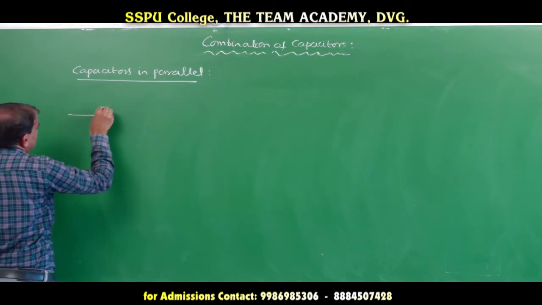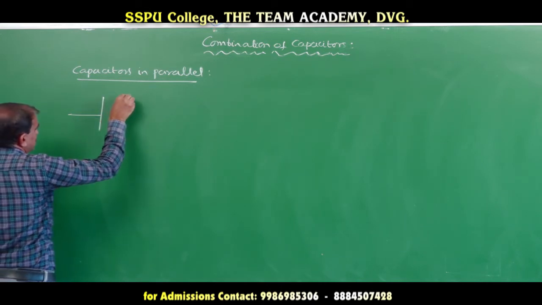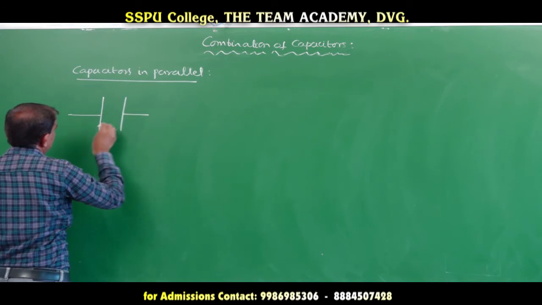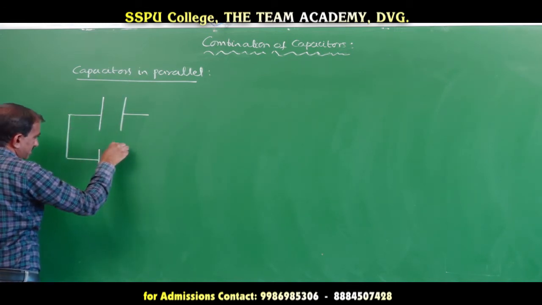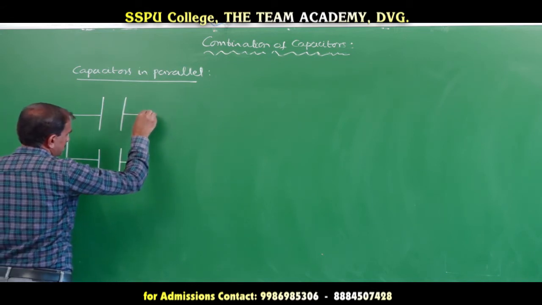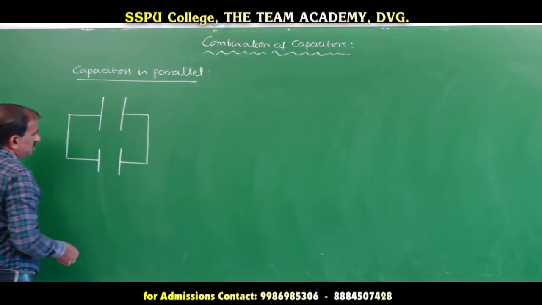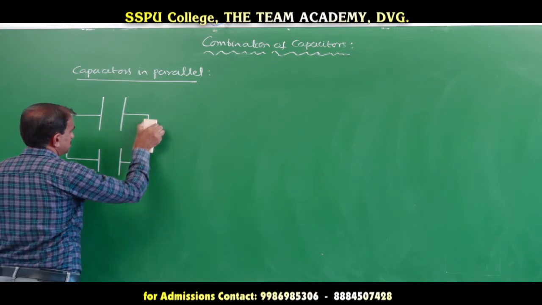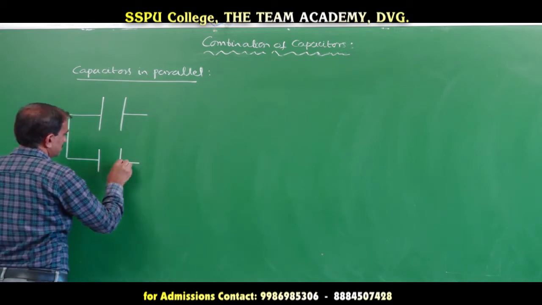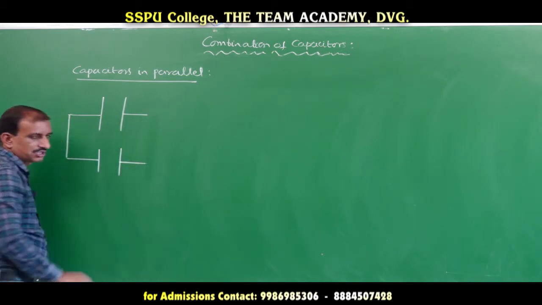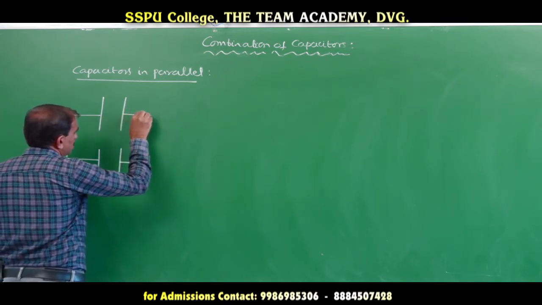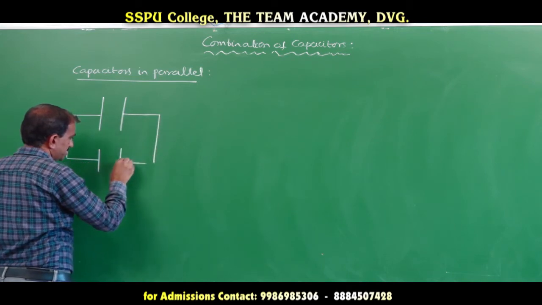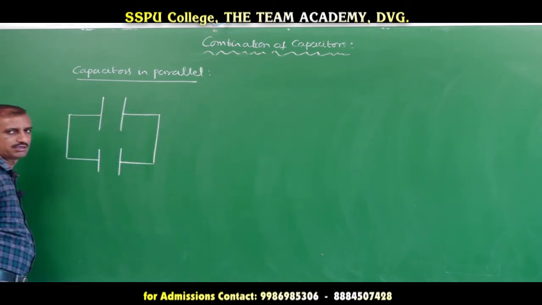Say this is a capacitor C1 and this is a capacitor C2 connected between two given points. Therefore, the two capacitors are said to be connected in parallel. When the capacitors are connected between two given points, such a combination is called the parallel combination of capacitors. These two are in parallel.